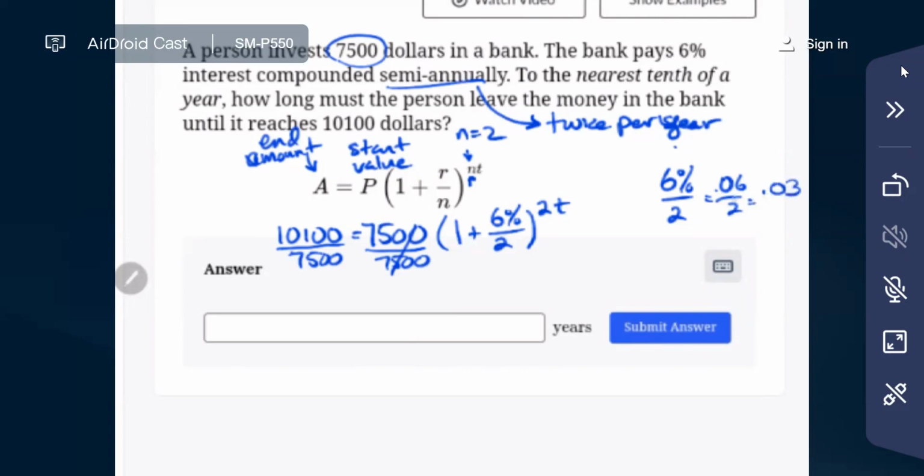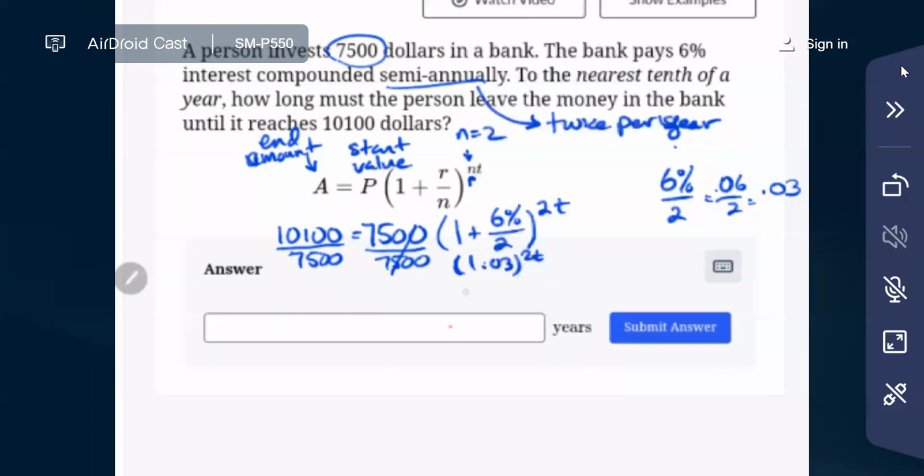I think you could have done that in your head. Which means that this is really 1.03, and 2t.